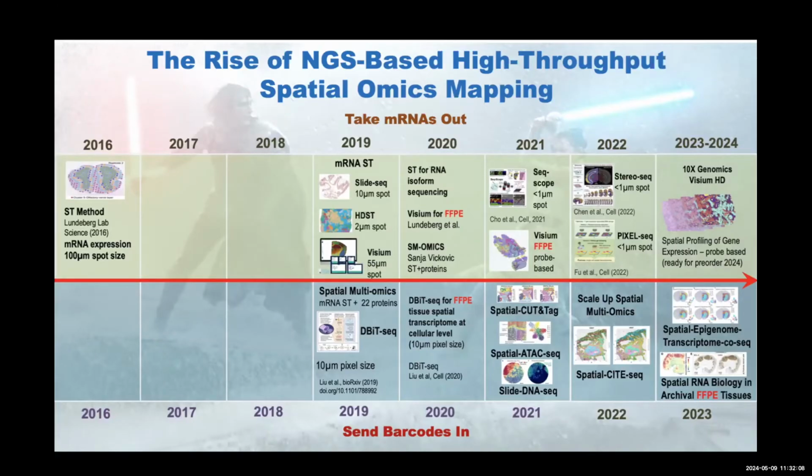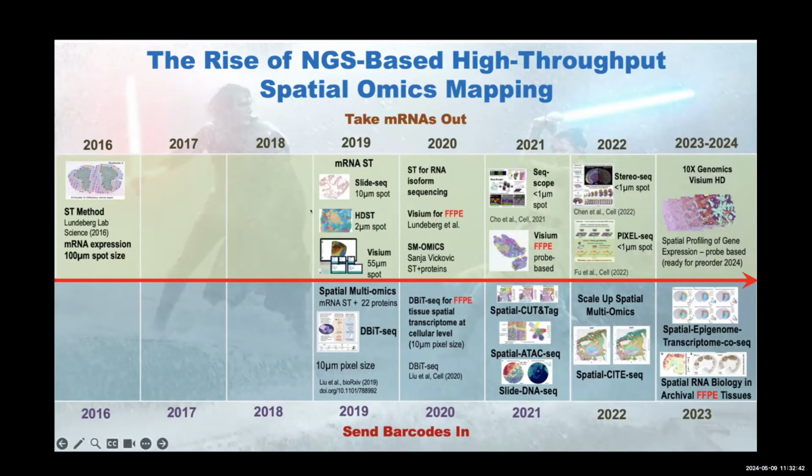If you put a tissue section on top of the DNA microarray, you permeabilize the tissue and capture transcripts that diffuse from the tissue to the surface of the microarray. Each microarray spot has a unique DNA sequence that determines the spatial address code. When you do cDNA synthesis, you incorporate that spatial address code into the cDNA, such that when you collect all the cDNA and sequence it, you can go back to see where each cDNA molecule is coming from based on the spatial address code.